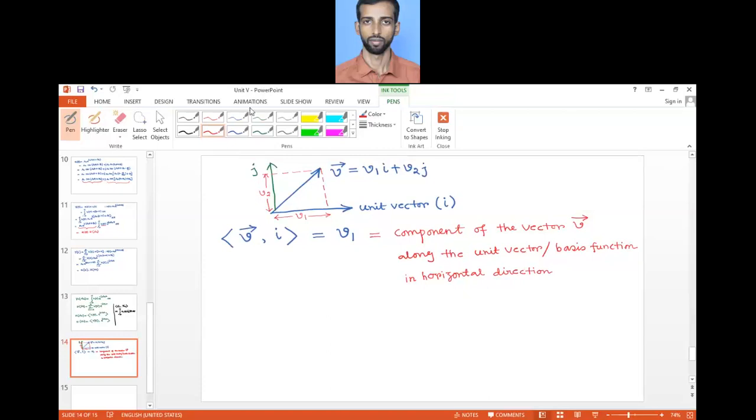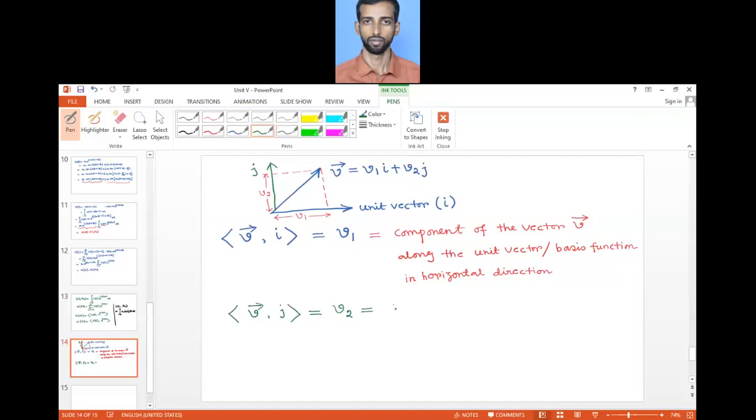Similarly, if you calculate the second one, this v comma j, the inner product or dot product is basically v2. What is that?